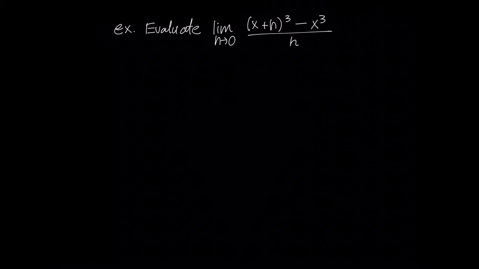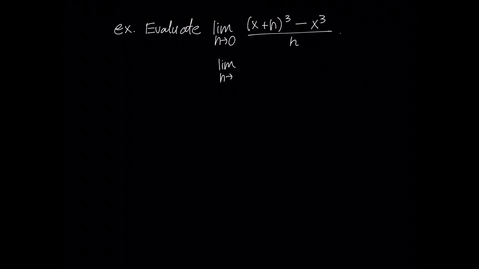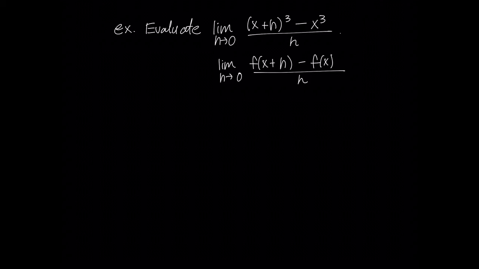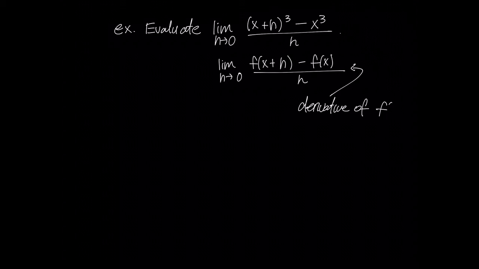For example, if we evaluate the limit as h approaches 0 of x plus h to the 3rd power minus x to the 3rd all over h, what we will notice here is that this limit really looks like the definition of the derivative, but for the x cubed function.